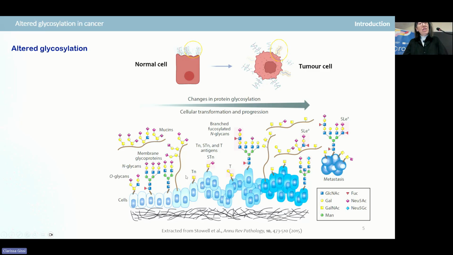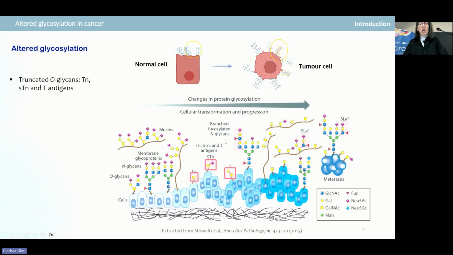These changes take place during the cellular transformation. Here the glycans are shown using these symbols. For instance, one of the changes in altered glycosylation is the presence of truncated glycans, so shorter glycans like sialyl-Tn or T antigens.